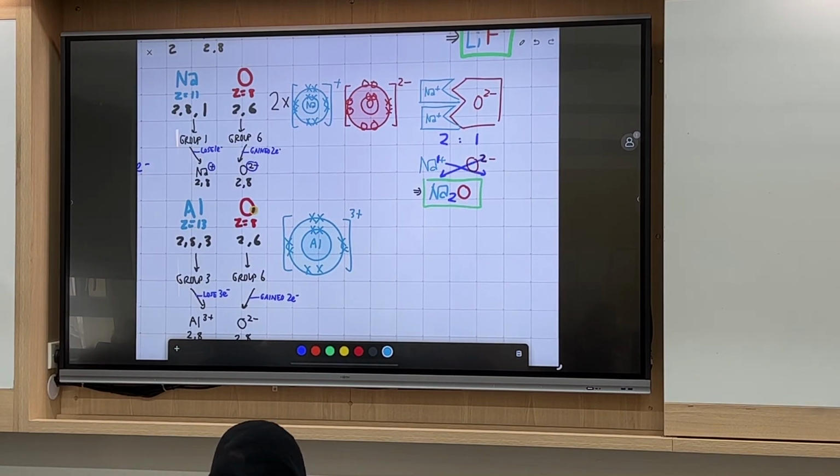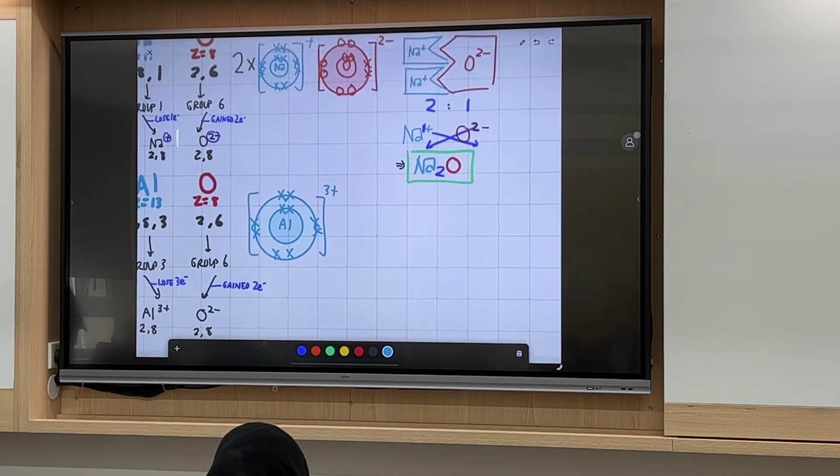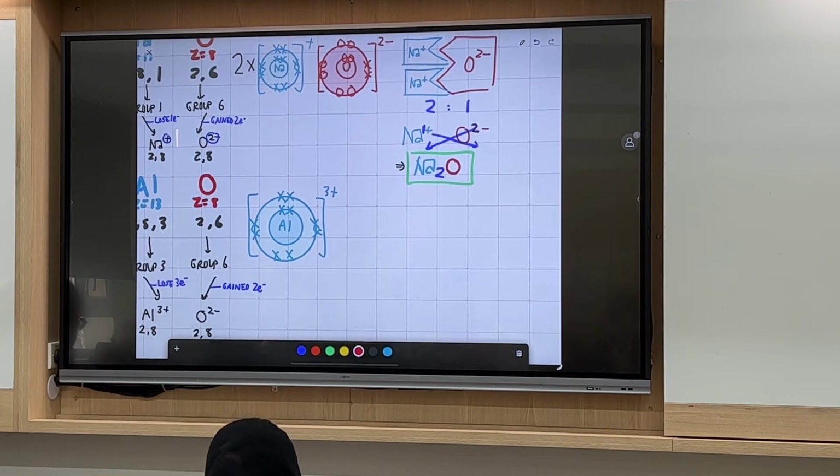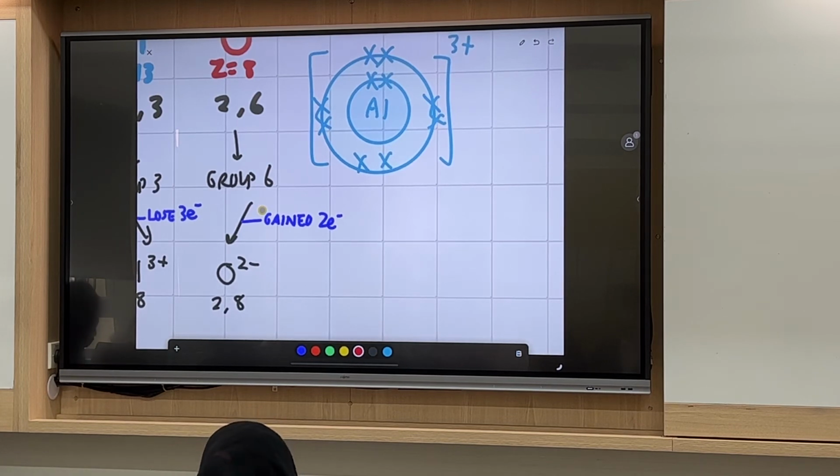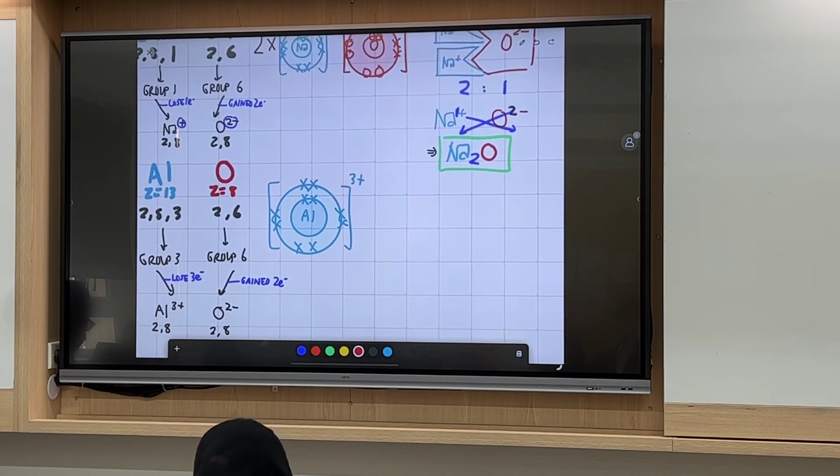What about O? O is tricky. How many electrons should be drawn in a different symbol? You see, when you gain 2 electrons, those 2 don't belong to you originally. They came from somebody else, right? So these electrons have to be drawn in a different symbol.